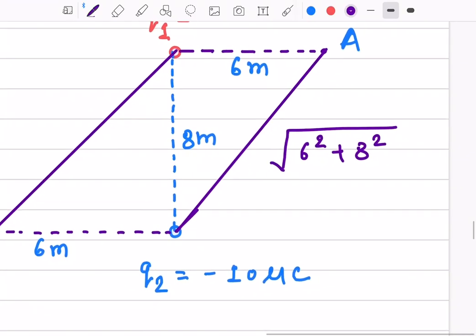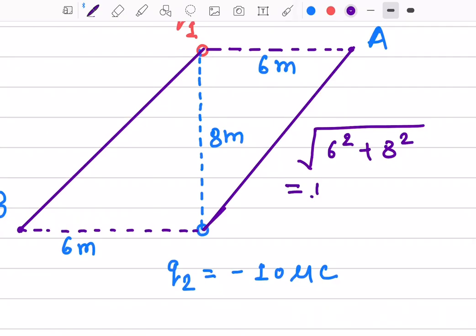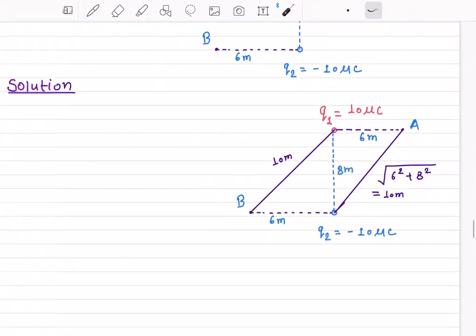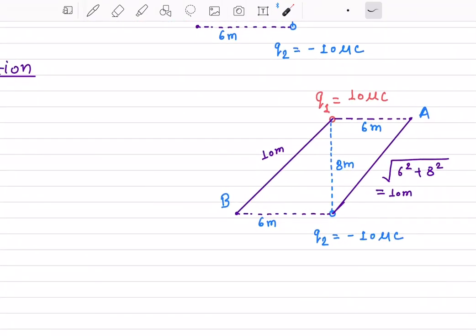This is 100, so it will be 10 meter. The same way, this one will also be 10 meter, just by symmetry, because this distance is equal to this distance, and this is a common side, so this length and this length have to be equal. So we now have the distance.